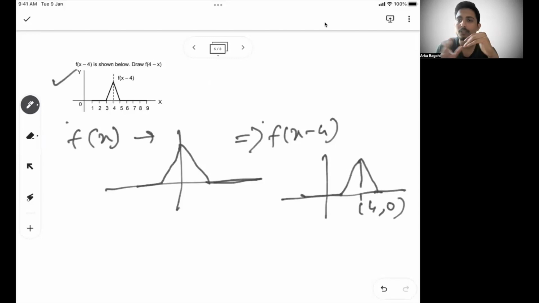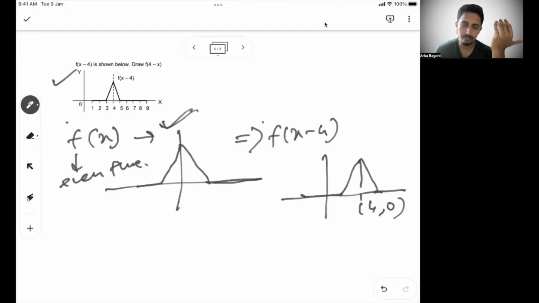So it will be shifted to the right. The same logic, shifted to the right. Now this graph is symmetrical around the axis. So this is an even function.